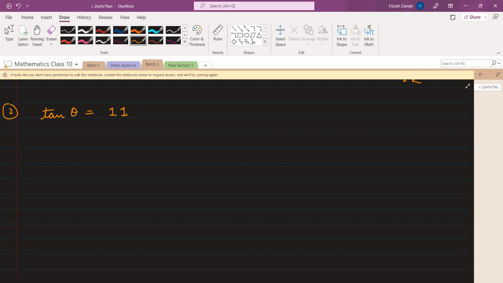Now find all the other trigonometric ratios. Rida, you will tell me the answer this time, okay? Please solve it quickly. And just let me know if you're not able to, then we will solve it together.